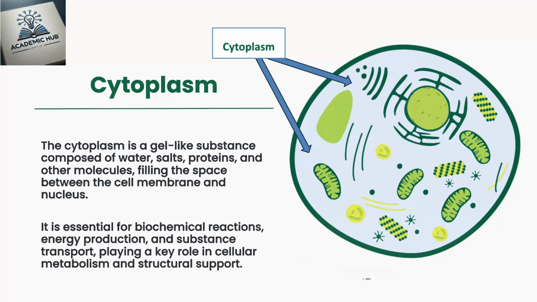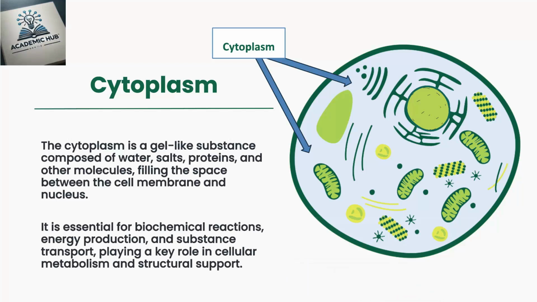Now the key biochemical processes which occur in the cytoplasm: glycolysis. This is the first stage of cellular respiration where glucose is broken down to produce ATP. ATP is the energy.